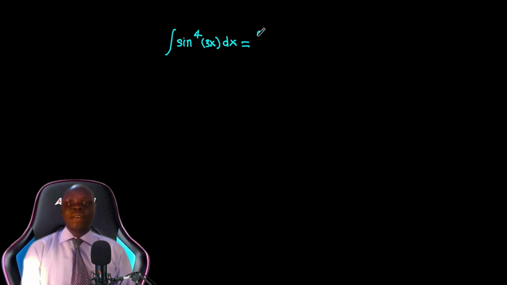So we shall have here the integral of, now this time around, we can open up this bracket and we have, maybe let's try square bracket, and we have here inside this bracket our sine square 3x.